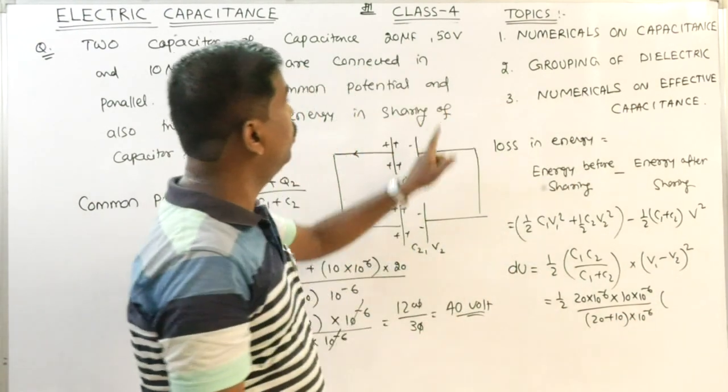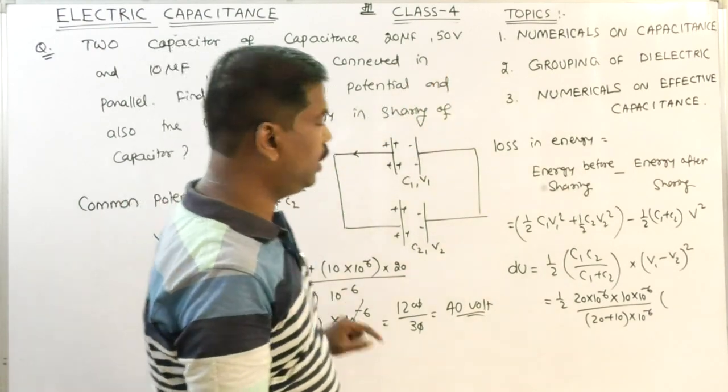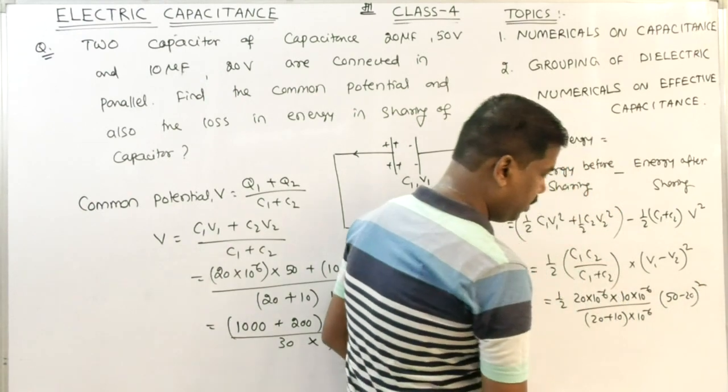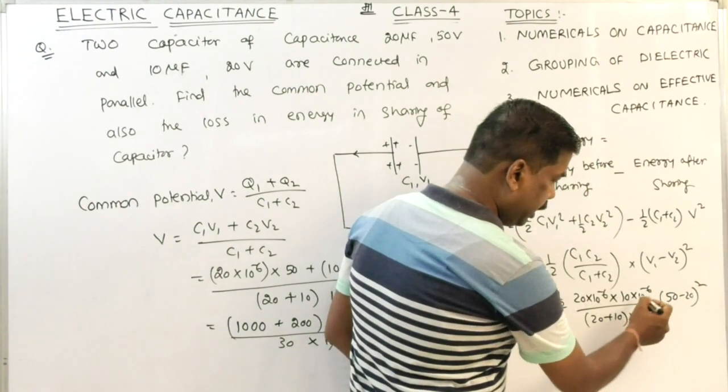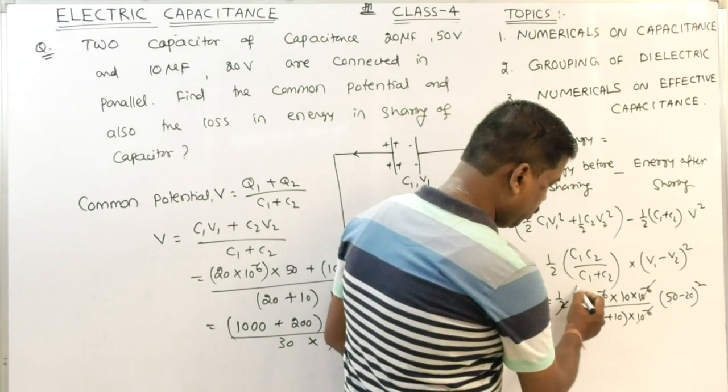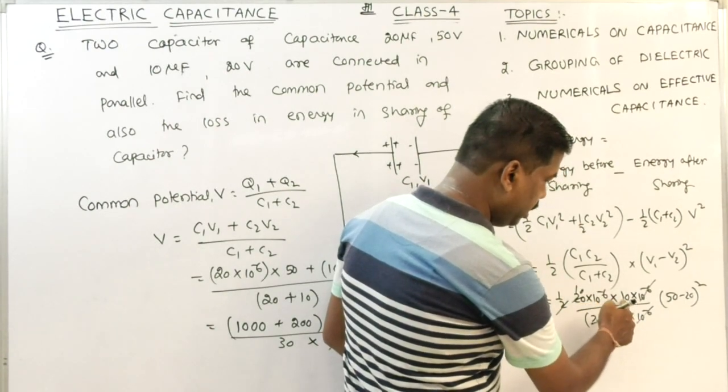So (V1 minus V2), V1 is 50, V2 is 20, (50 minus 20) whole square. Clear? So 10 to the power minus 6 cancels out.